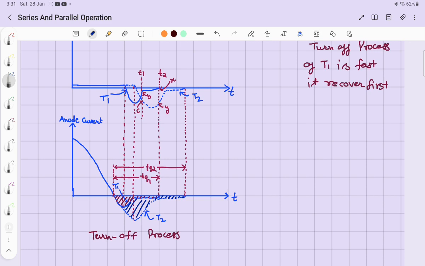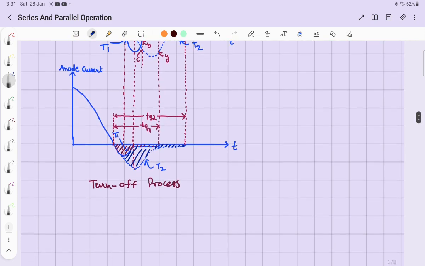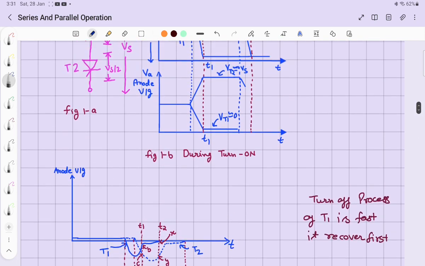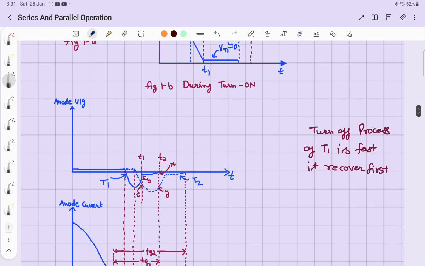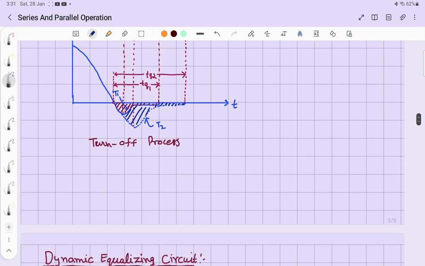Similarly, at instant t2, the voltages shared by these two thyristors are different. One is sharing voltage VOX, whereas thyristor 2 is sharing voltage VOY. So they suffer unequal voltage sharing during turn on as well as turn off process.